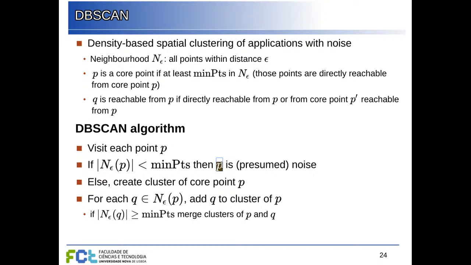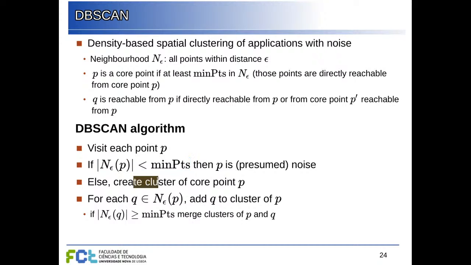It may not be noise, but at this point we assume that it is noise because it's in a lower density region of our data. If not, if the number of neighbors within epsilon distance of P is at least the minimum number of points, then P is part of a cluster.